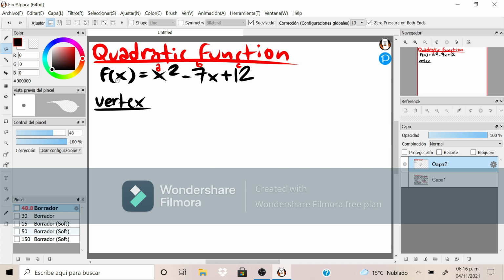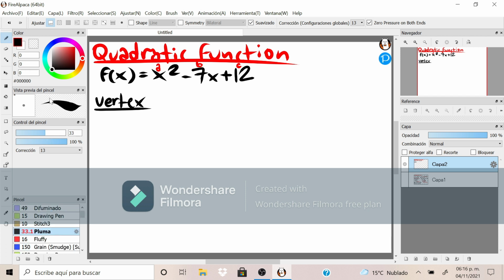We're going to use a magic formula that will get us through this pain, which is h equals minus b divided by 2 multiplied by a.